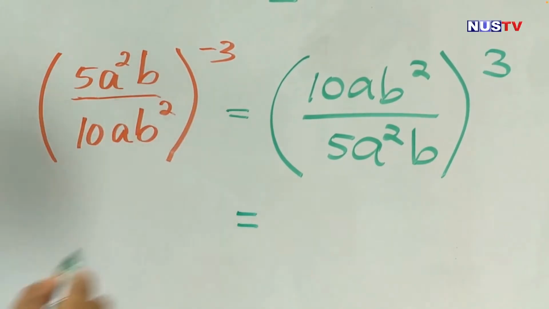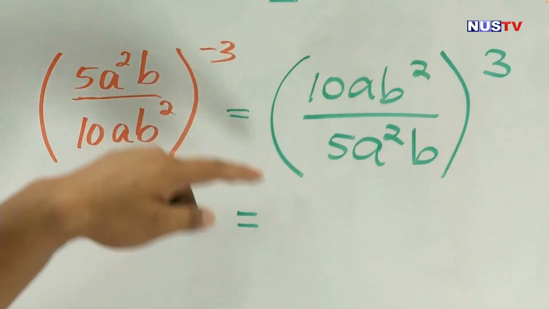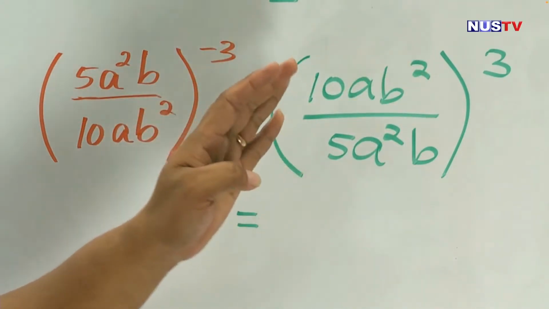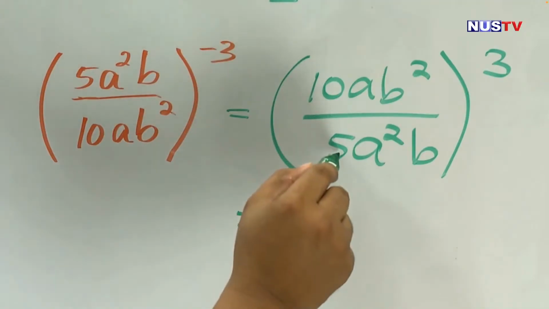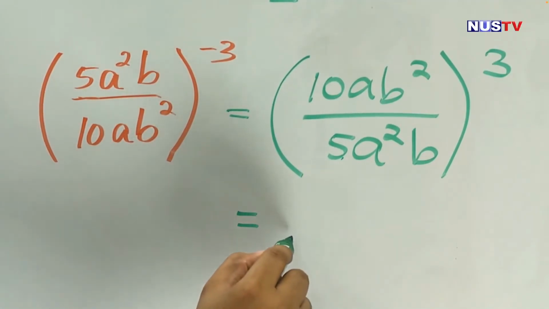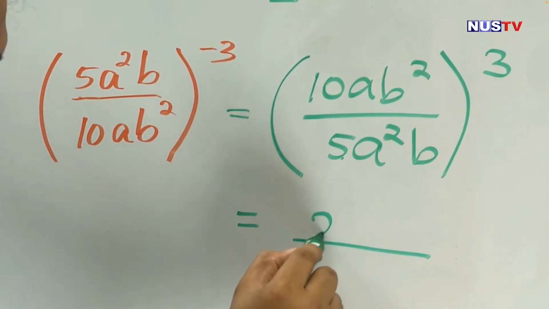So now it's time for us to have a look and do our simplification. In this case, I am going to simplify what's in the bracket first and then raise to a power last. So inside the bracket, 10 divided by 5 here, the answer will be 2. So that will be 2.